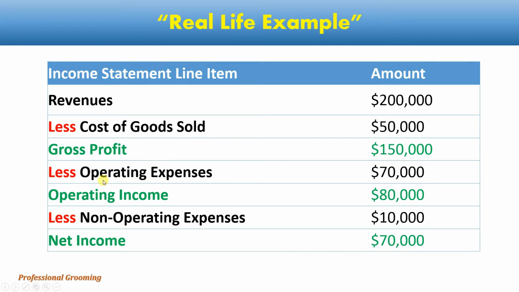Under the operating expense head, there will be administrative expenses and the selling expenses, which come under operating expense. So total operating expense from gross profit we will subtract, minus 70,000. So here we have operating income after deduction of operating expense. So this is a real life example that we can see where we need to put our operating expense in our income statement or in our profit and loss statement.